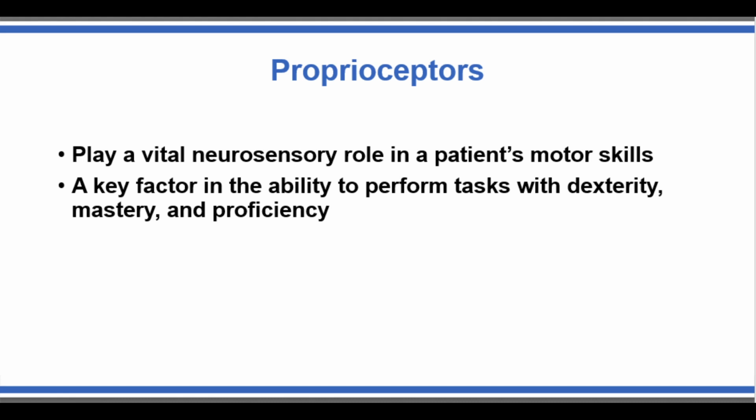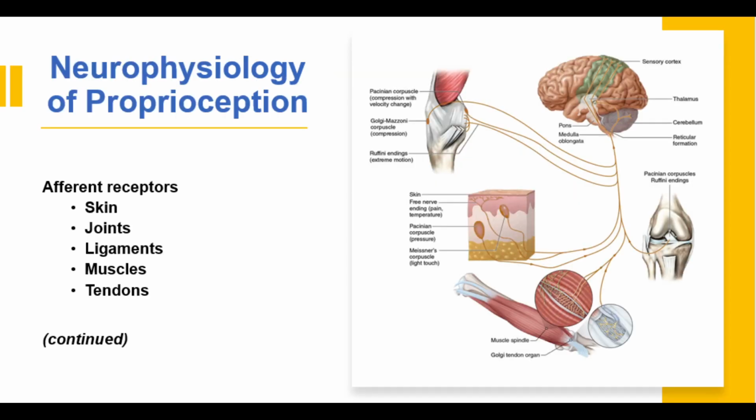Proprioceptors, therefore, are important when it comes to performance, whether it be for performing your activities of daily living or your ADLs, work tasks, or more complex athletic endeavors. The better the proprioceptive system works, the better we will be able to execute or perform a given movement. And that takes us to our next slide.